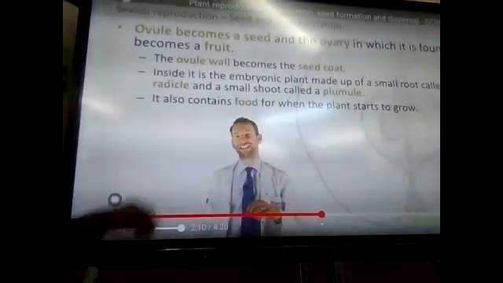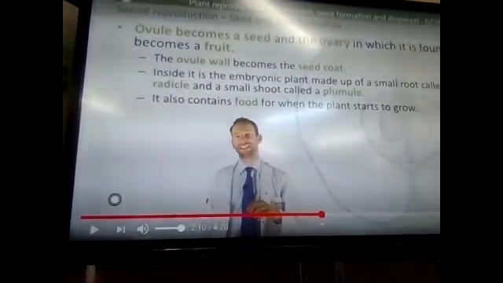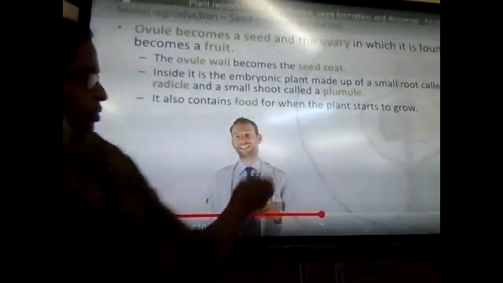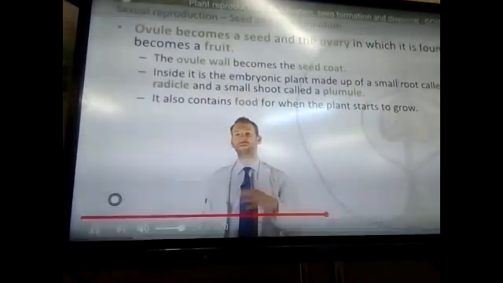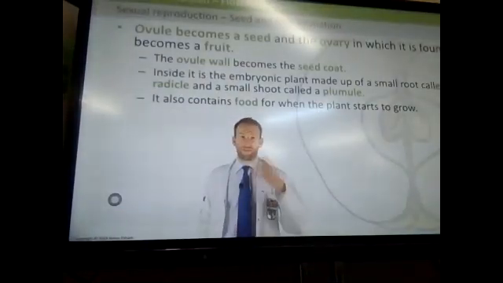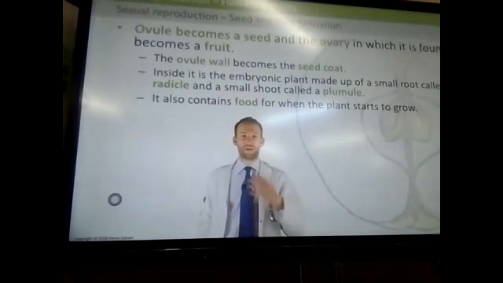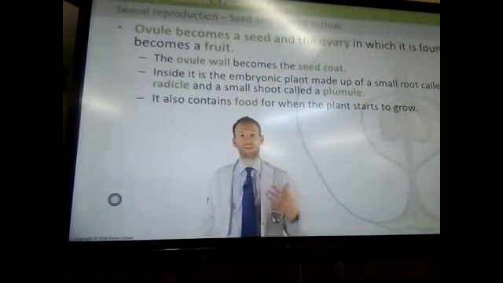It also contains food for when the plant starts to grow. The seed has a food store because when it germinates, it is going to need to grow the first few stages without any food from photosynthesis because there are no leaves at that point. So it's going to need a nice store of food.